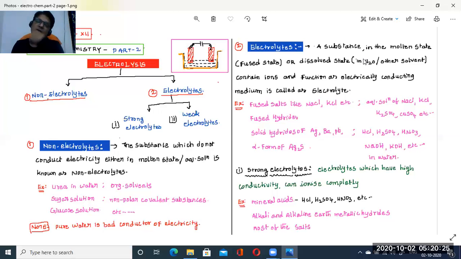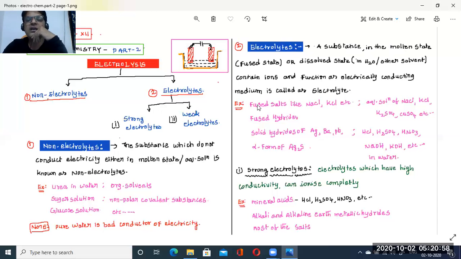Water is known as a universal solvent. So a substance present in the molten or dissolved state, if it contains ions and can function as an electrically conducting medium, that substance behaves as a conducting medium. Electrical conducting medium is known as electrolyte.